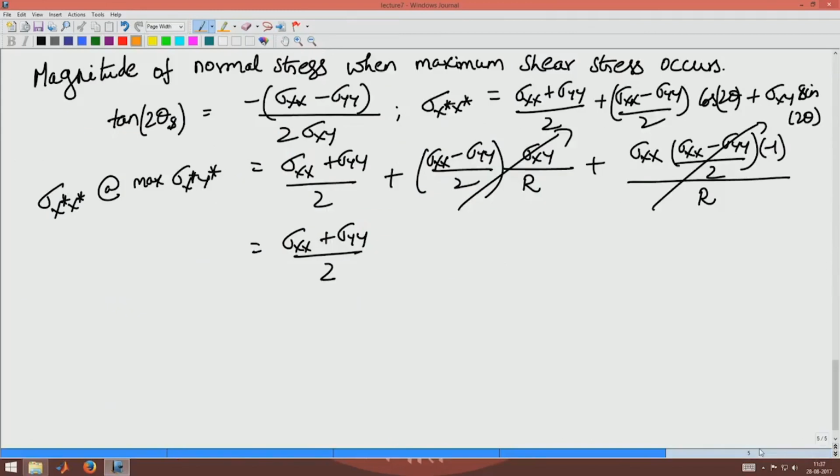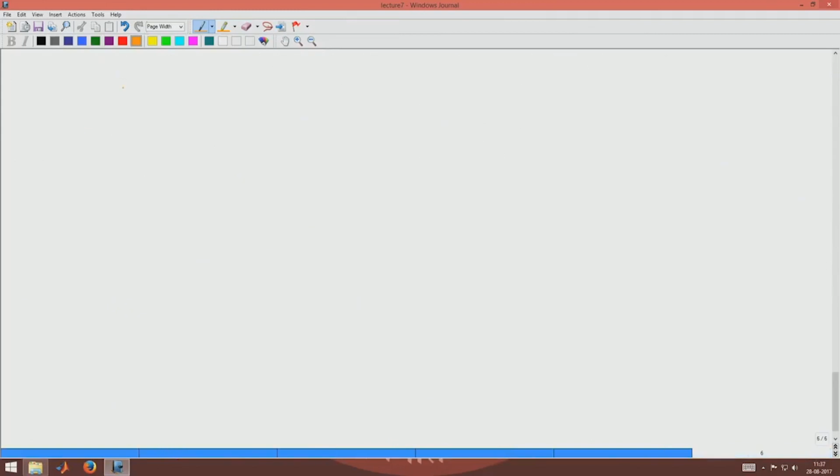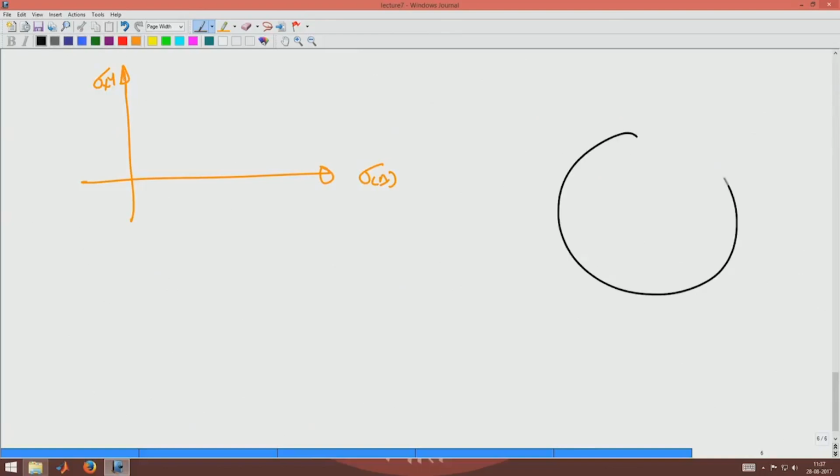Now, let us ponder a little bit more on the Mohr circle. Let us say this is the normal stress axis, and this is the shear stress axis, sigma xy, and let us say I have a circle.